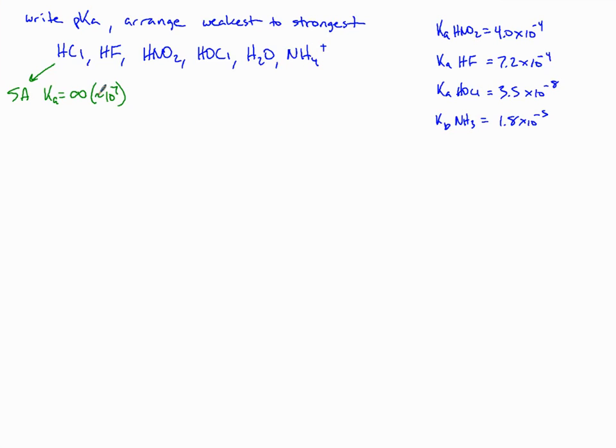Another one that we don't have is H2O. H2O can act as an acid or a base. But we know some information that's helpful here. We know that Kw is a certain number, 1 times 10 to the negative 14th. That comes from your AP formula sheet.